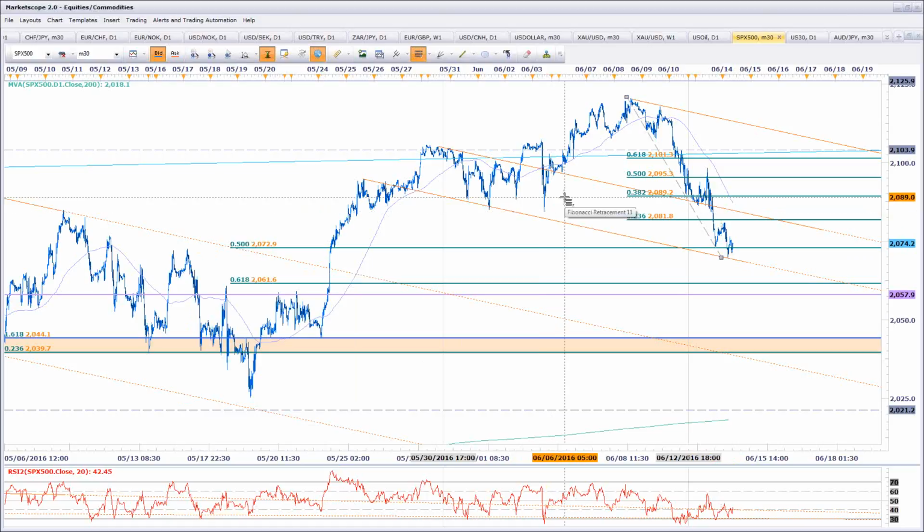Some of those lows there, 2085, 2089 would be a decent area to look for some initial resistance on a pop higher. Major key support, like I said, 2057 yearly open, 2061 key 618 retracement.